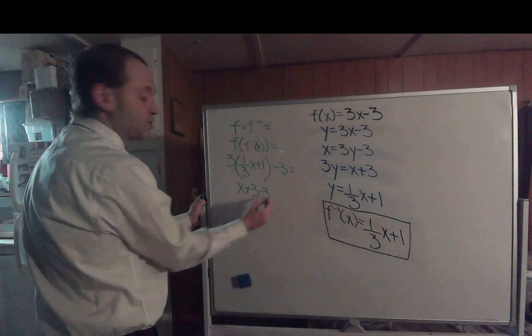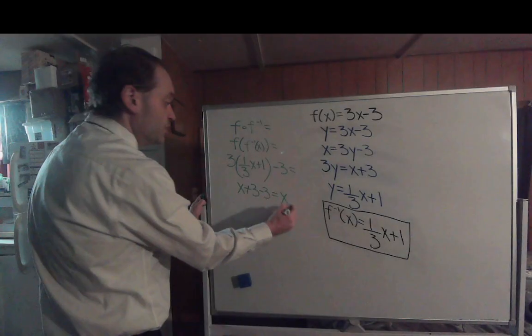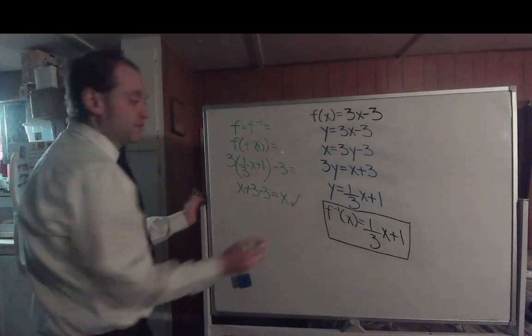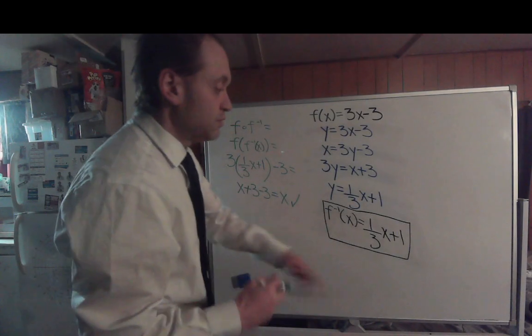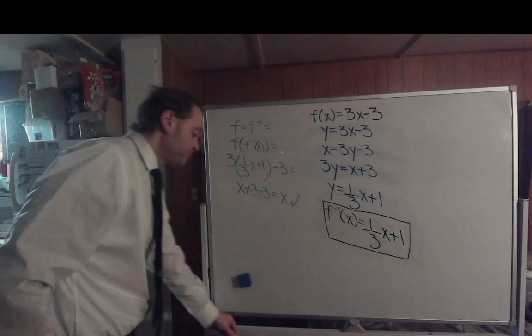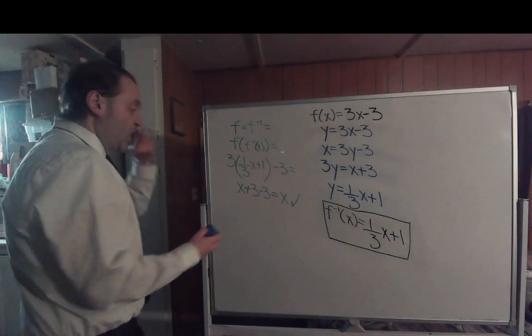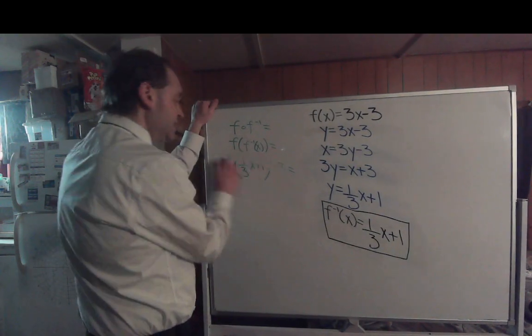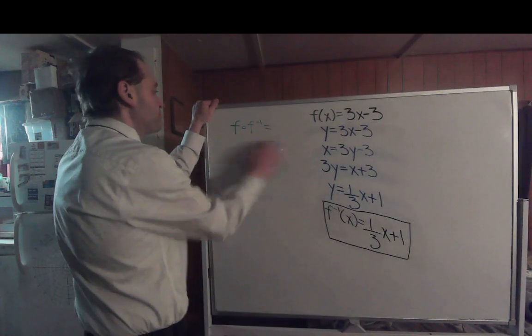Then you have the minus 3. Well, what do you know? You get x. So we found the inverse. So f inverse of x equals 1/3 x plus 1. So linears are pretty easy.